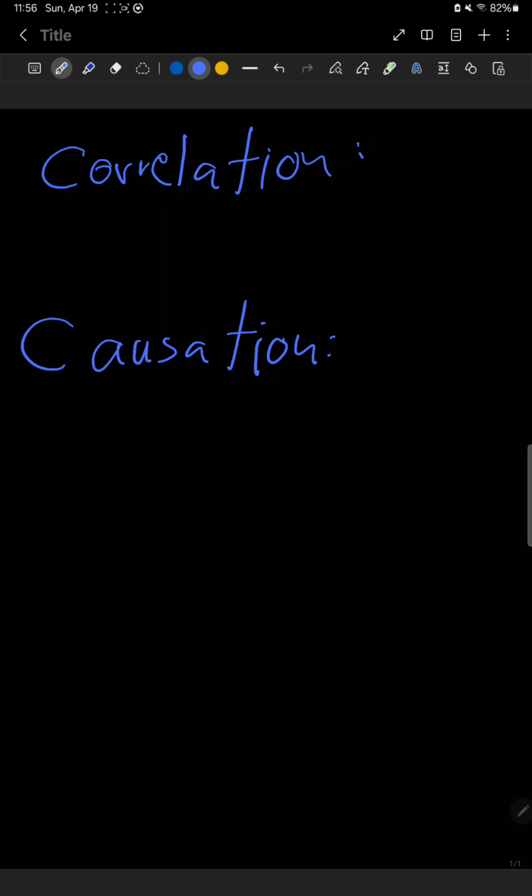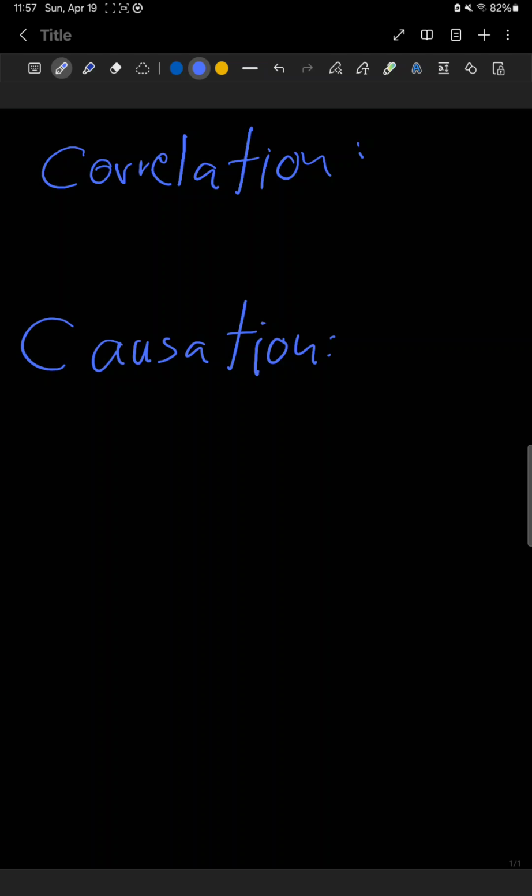Okay? So, for example, in the summer, ice cream sales increase. Is it a correlation or a causation? It's a correlation. Why? Because it happened because of a third reason. During the summer, the temperature is higher. When the temperature is higher, people eat more ice cream.